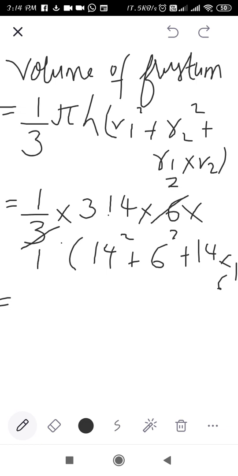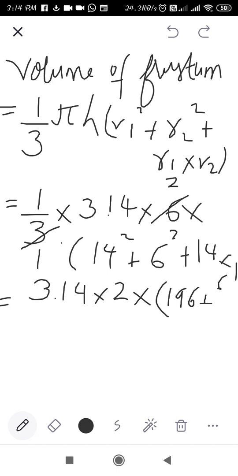So here 1 into 3.14, 3.14 multiplied by 2 multiplied by 14 square, that is 196, plus 6 square 36, plus 14 into 6, 84.